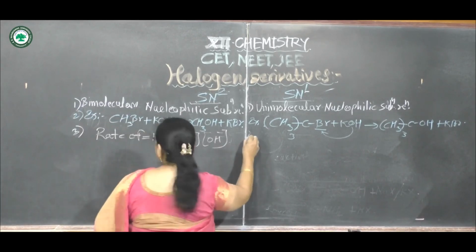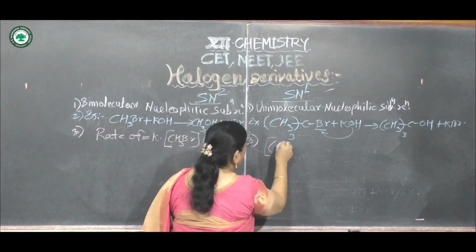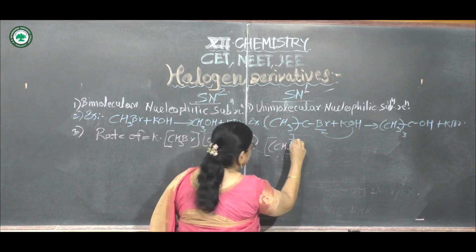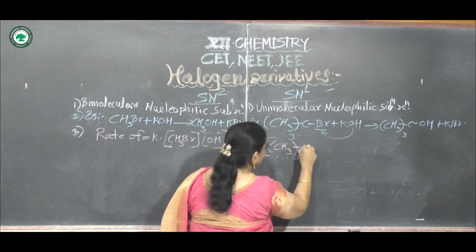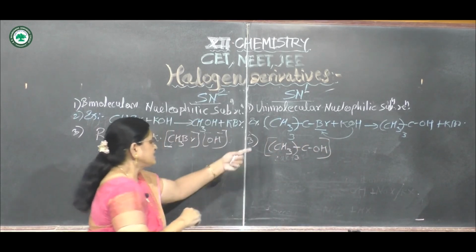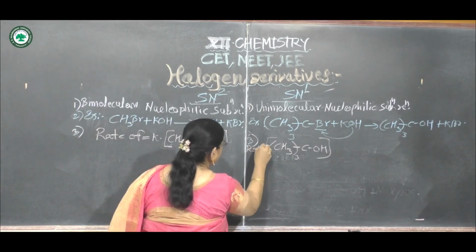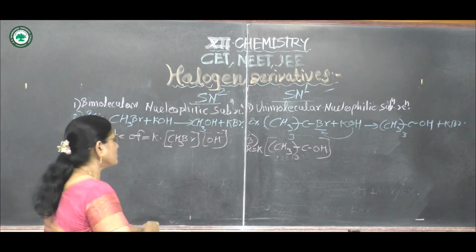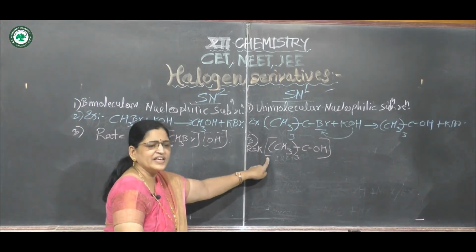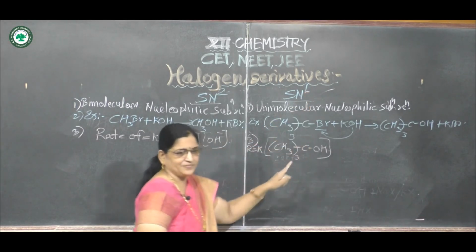Then in SN1 reaction, the rate of reaction depends upon only the substrate, that is (CH3)3COH. The rate of reaction is equal to K into the concentration of only the substrate. Hence it is called SN1 reaction.